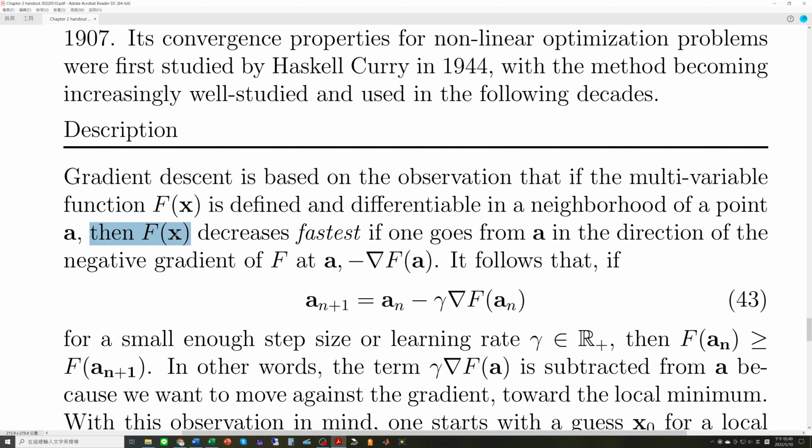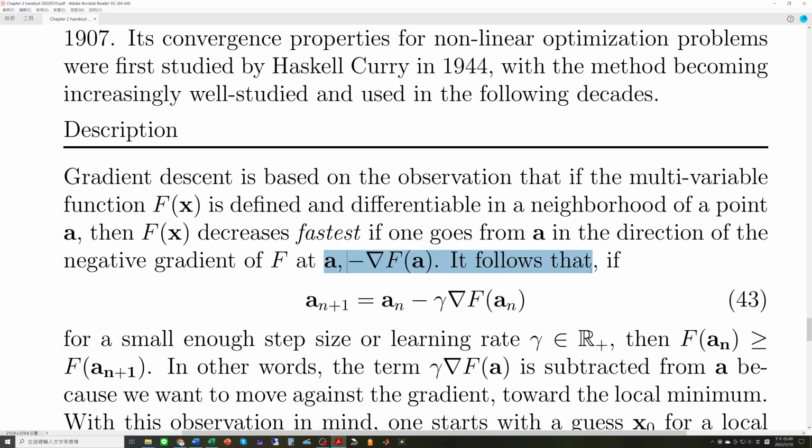Then f of x decreases fastest if one goes from A in the direction of the negative gradient of f at A.